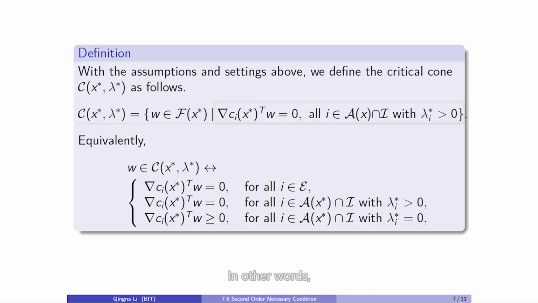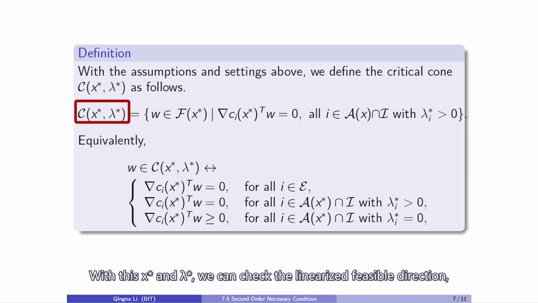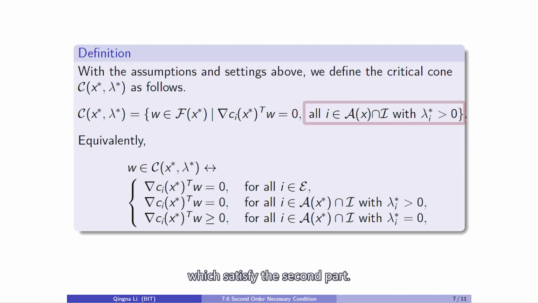In other words, the critical cone, which we denote as C(x star, lambda star), is related to a local optimal solution x star as well as its corresponding Lagrange multipliers lambda star. With this x star and lambda star, we check the linearized feasible directions, and then we also pick up those directions which satisfy the second part.